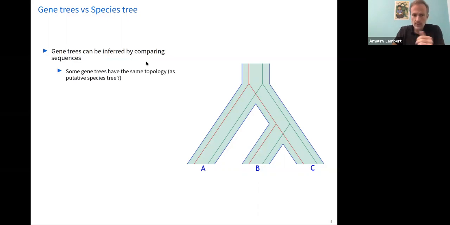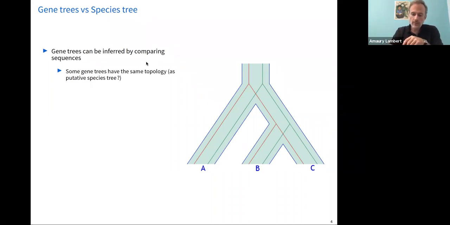The first possibility is that the gene trees, as you can see here, the green and the orange lineage, have the same topology, meaning that B and C are more closely related to each other than to A. And so if all gene trees have the same topology, then it's simple. You may conclude that this topology is the topology of the species tree.